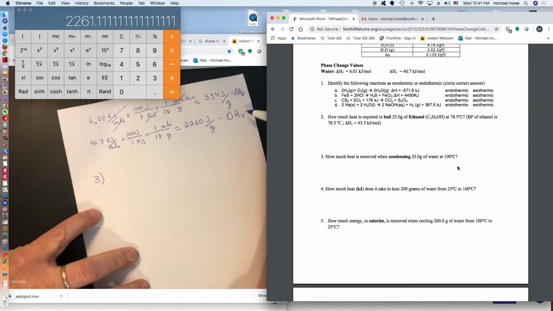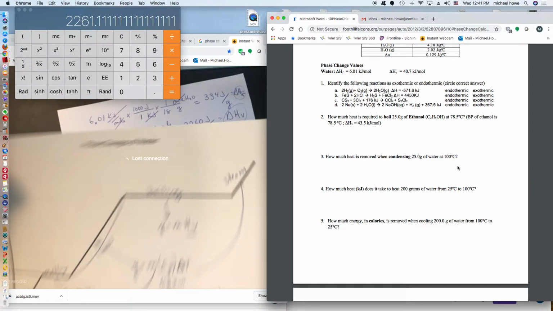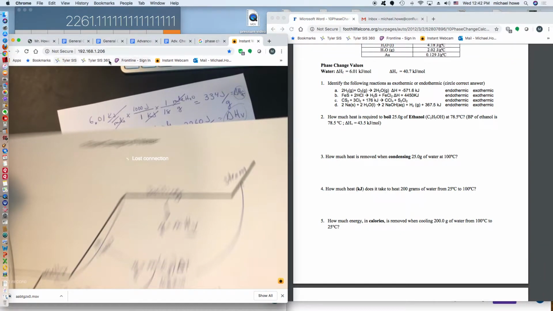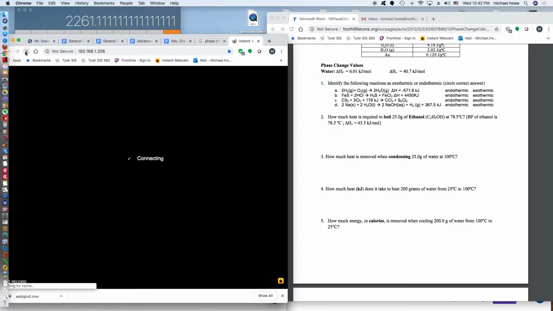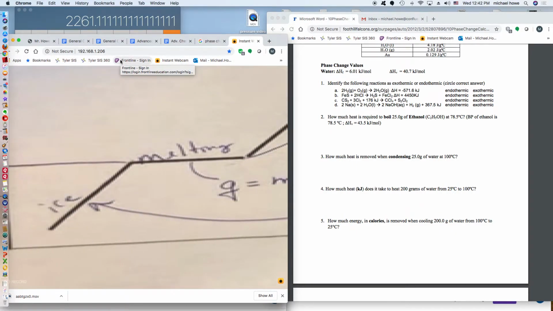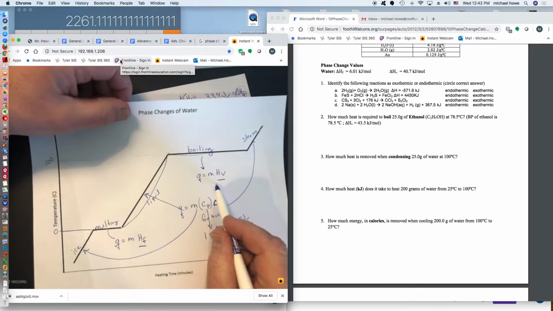Since we're looking at the boiling point, would you use vaporization or fusion? So if you go back to the graph that I made the other day, at boiling, we have this formula, and for melting, we had this formula.